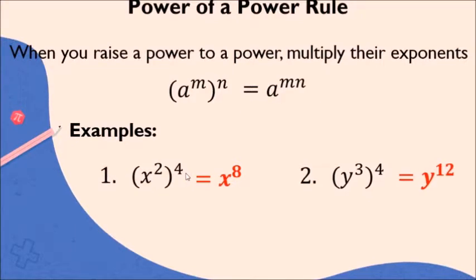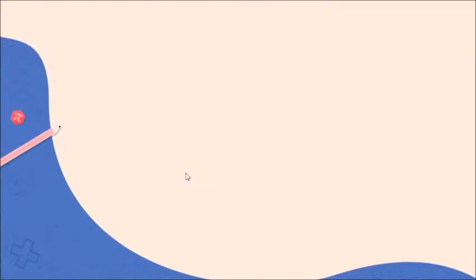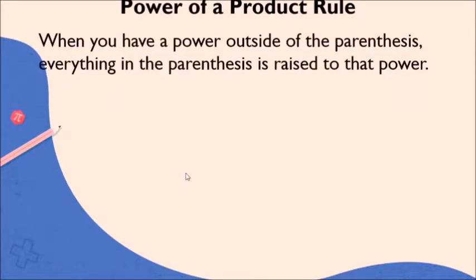Okay. Now this time, let's go to our last rule of exponent. We have the power of a product rule. When you have a power outside of the parenthesis, everything in the parenthesis is raised to that power. So if you have AB raised to the power of n, all you need to do is to distribute the power to every element here inside the parenthesis, okay?